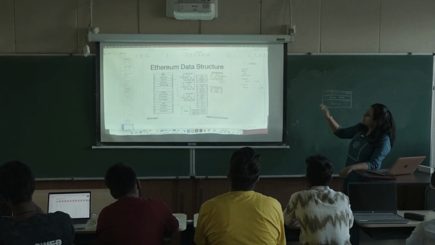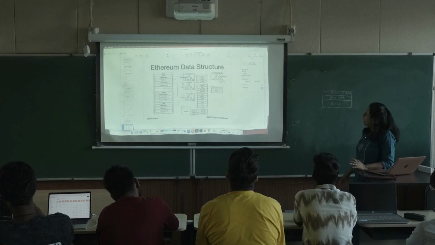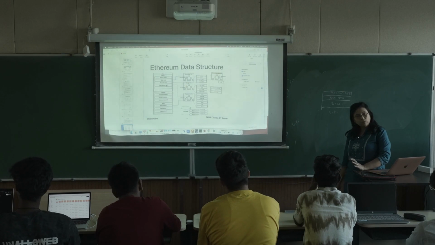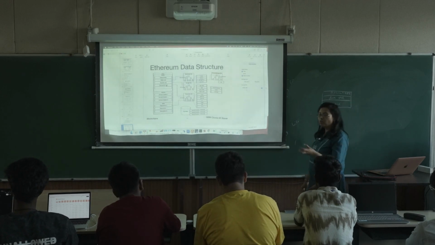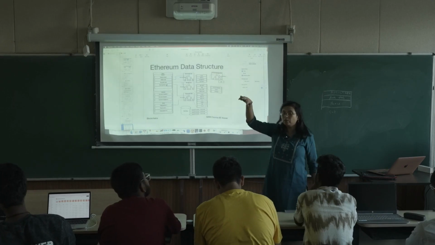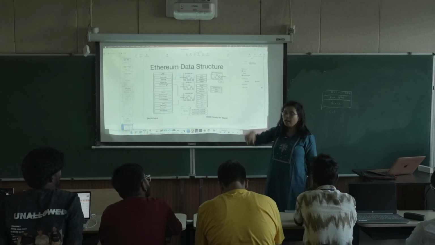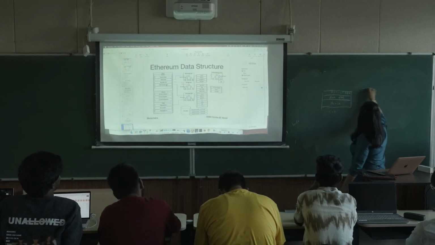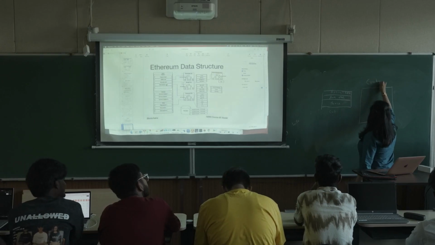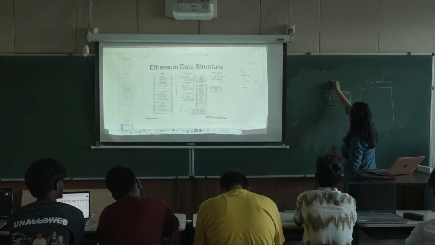All accounts in the network would have this information. This is for the externally owned account, but there are also contract accounts. For every contract, you have an account. Yesterday, when you were deploying the contract, you were given an account address. So every contract also has an account. This is a contract account, and this is an externally owned account.